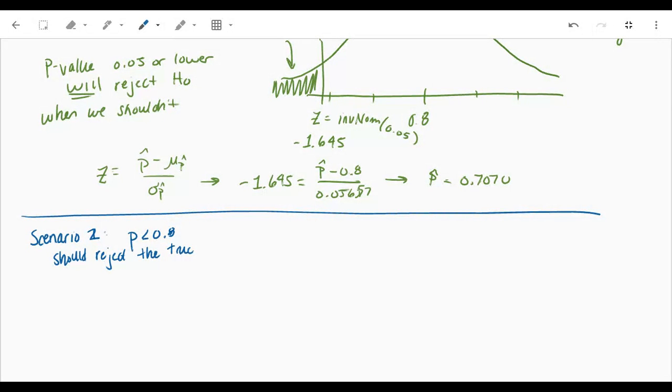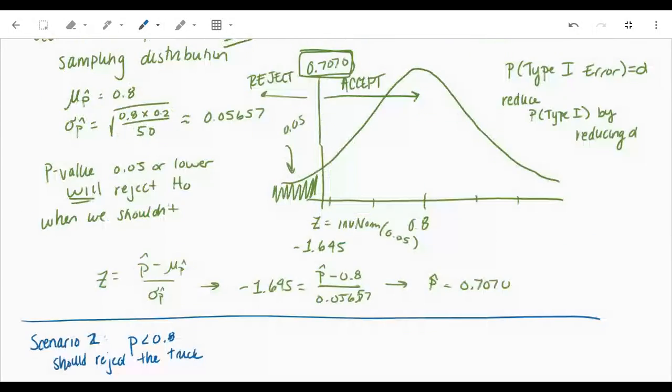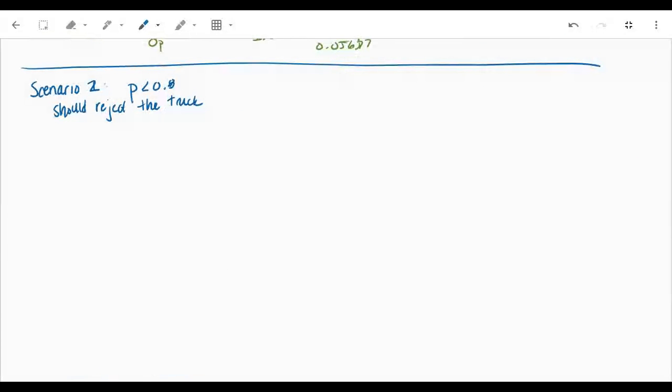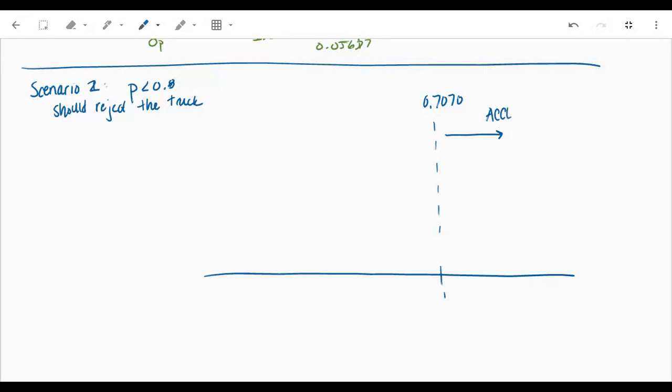If we go back up to what we decided up here, regardless of if we have taken any sample at all, we know that our cutoff is 0.7070. This will cause us to accept the truck. This will cause us to reject the truck.